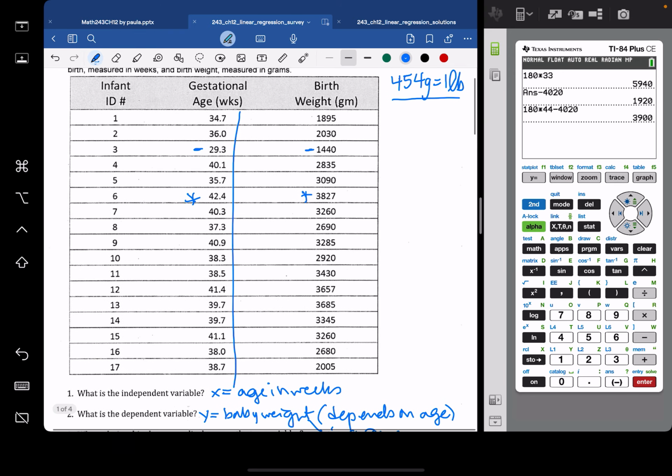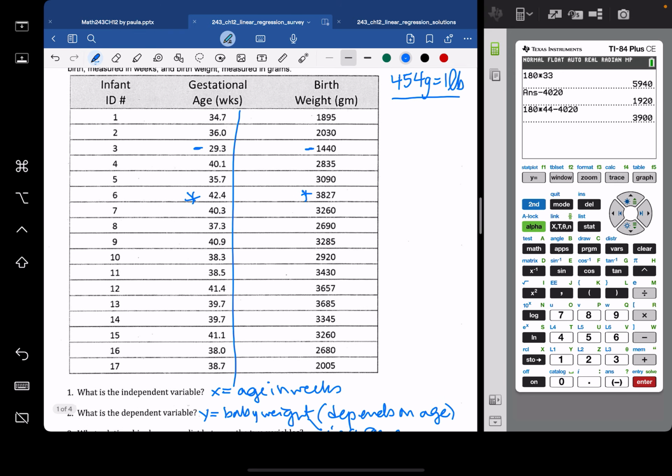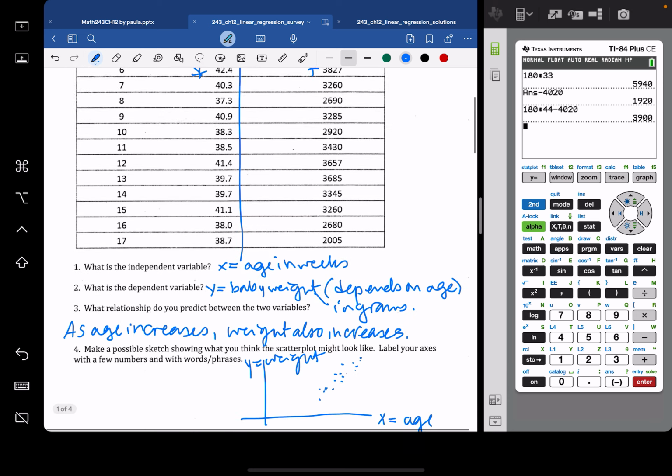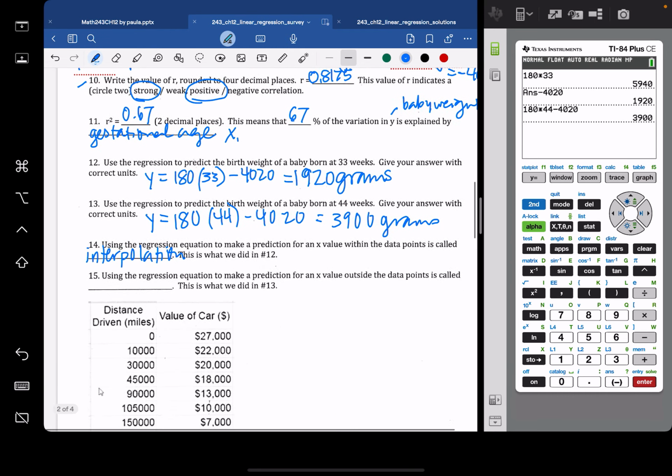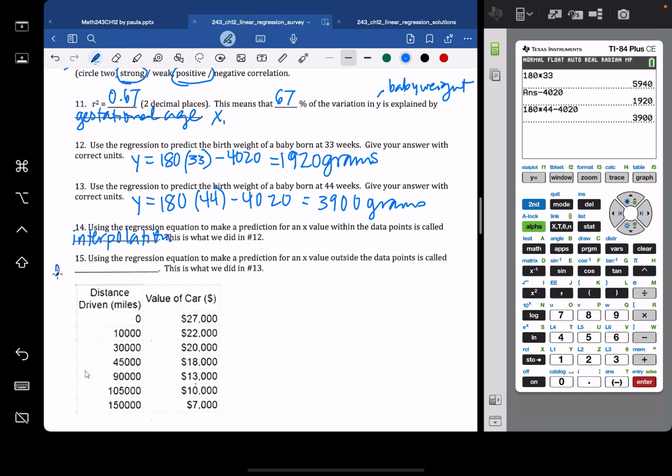Well, we didn't have any babies at 44 weeks, so that's beyond the scope of all this data. 33, it's on the low end, but we did have a data point lower than that, so 33 is technically within the data that we had provided to us. So that's why that's considered interpolation, and this one is considered extrapolation.